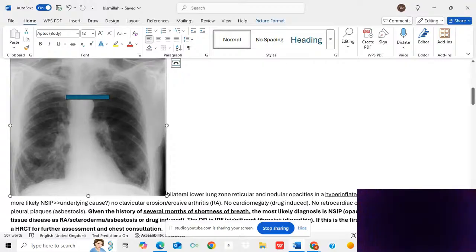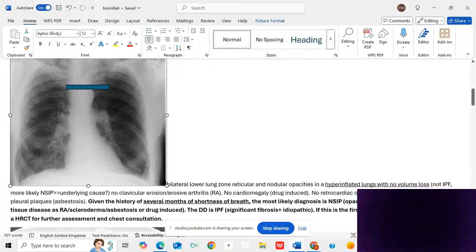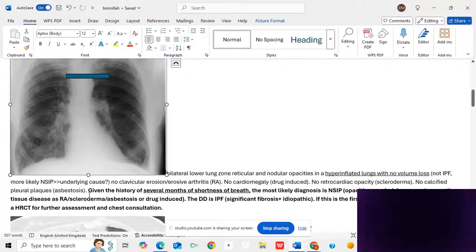Okay, as I mentioned here, you will say like this: given the history of several months of shortness of breath, the most likely diagnosis is non-specific interstitial pneumonia, as there are opacities with an underlying cause or connective tissue disease. The differential diagnosis is idiopathic pulmonary fibrosis.